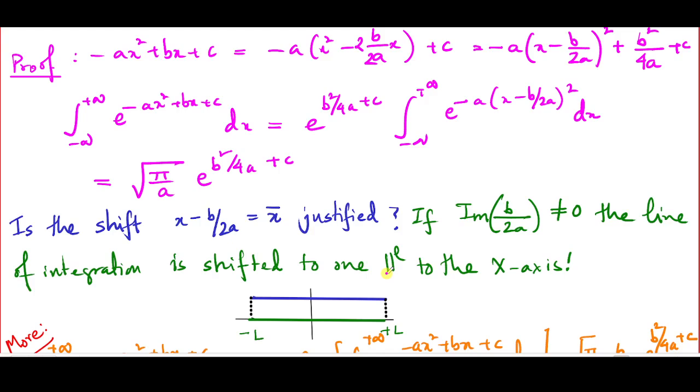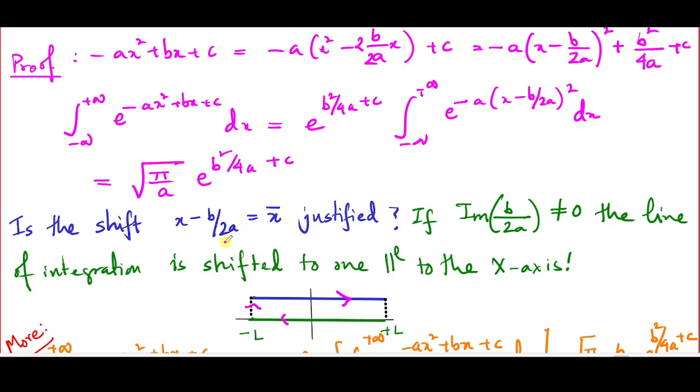Now, the fact that the result root over pi by a follows even for the integral along the blue line is simple to see. Basically, if you think of a closed contour where you go from minus L to plus L along this line above or away from the real axis, then close by a line here, go back along the real axis and close again by this, I get a closed contour.